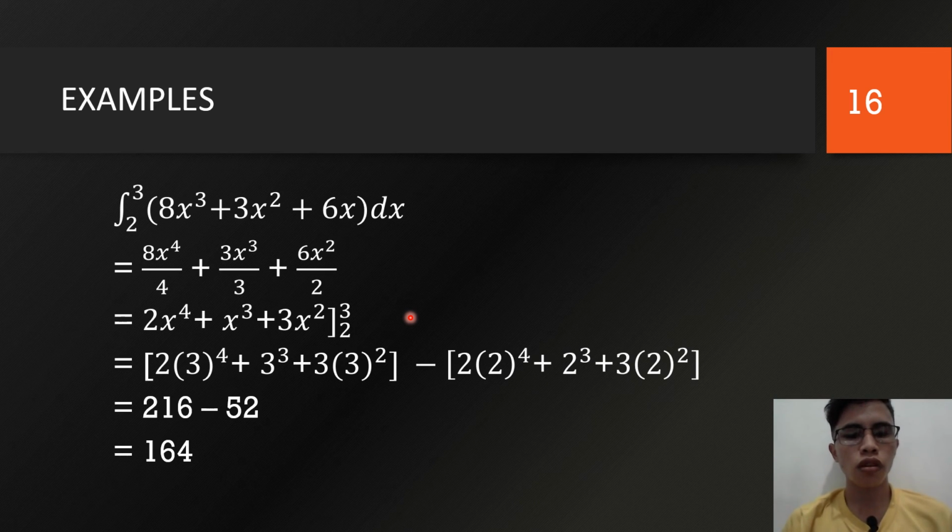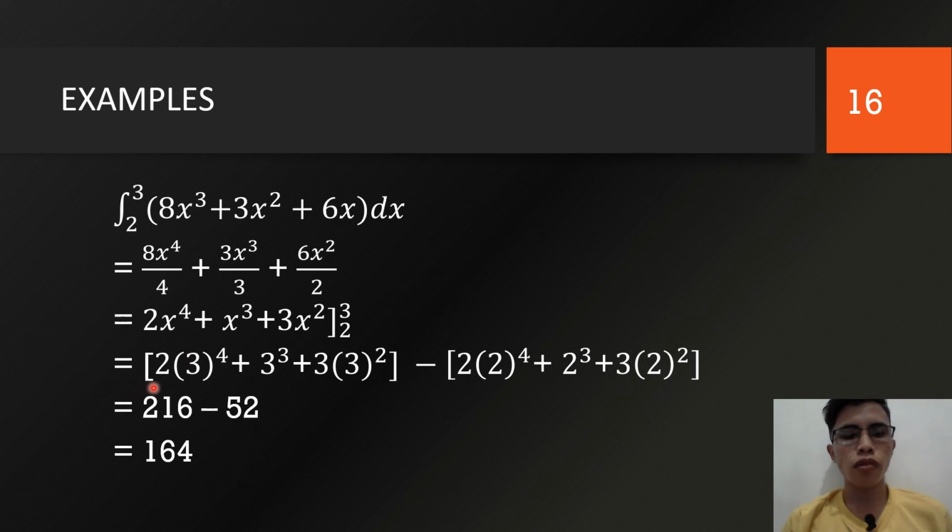So if we're going to substitute the value of the upper limit, it gives us 2 times 3 to the fourth plus 3 cubed plus 3 times 3 raised to 2 minus the value of the lower limit, which is 2. So we have 2 times 2 to the fourth plus 2 raised to 3 plus 2 times 2 raised to 2.